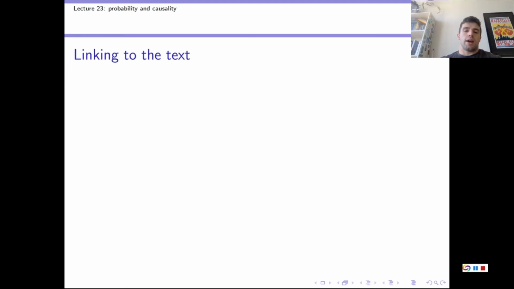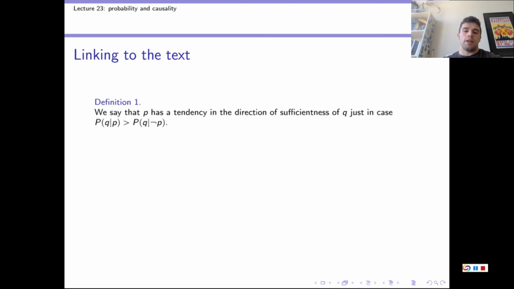Okay, so we've seen how we can quantify the degree to which an observation can be called evidence for a hypothesis compared to a null hypothesis. I want to finish here by talking a little bit about what's mentioned in the book and how that fits into the bigger picture that we've described here. Now, in the book, the section on probability and causality starts by suggesting a couple of definitions. In particular, he makes this definition.